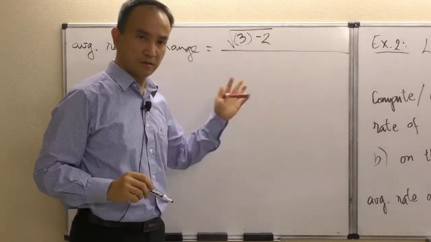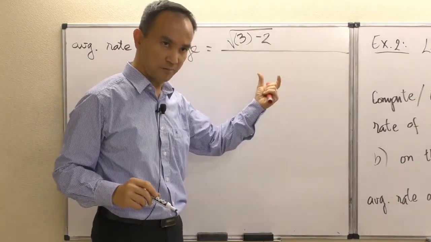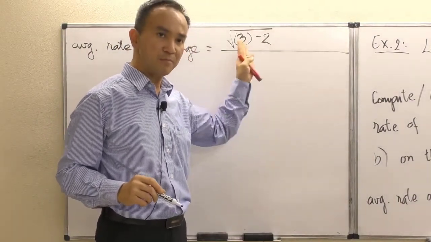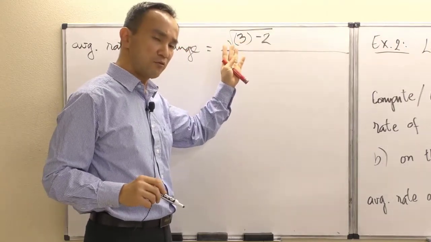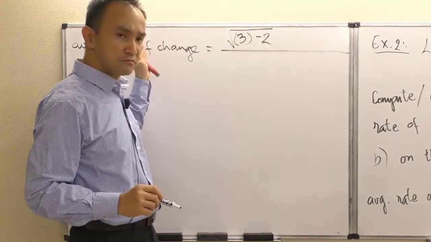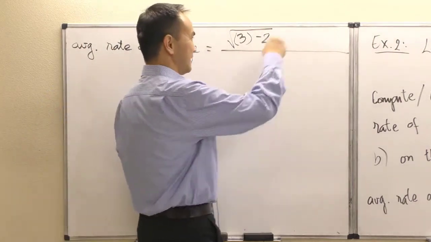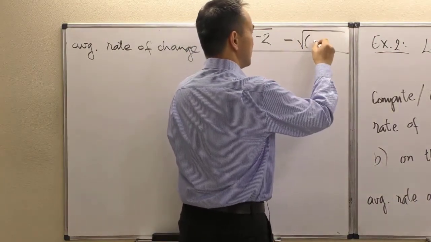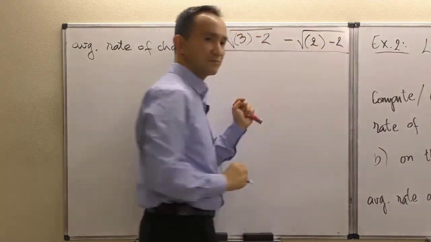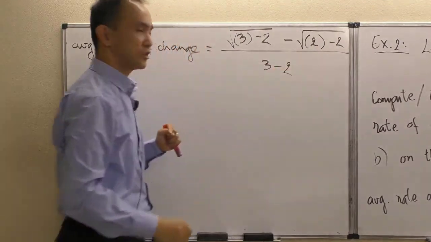Okay, so I'm showing, in this problem, I intentionally go through the style of presenting the steps where people already mature in writing down the setup and don't need to write down the separate scratch work like that. Okay, and then so this is f of 3 minus the square root of 2 minus 2. Okay, and divide that by 3 minus 2.